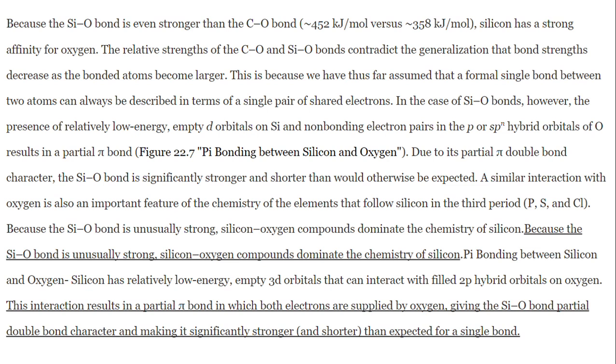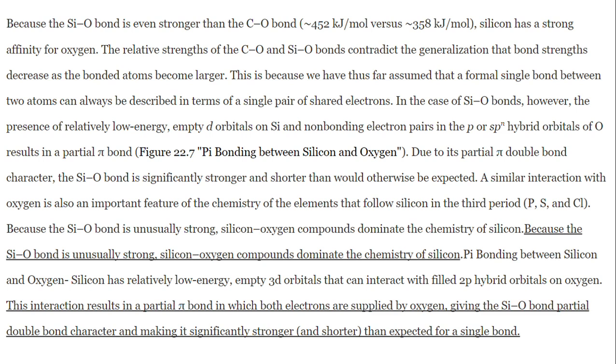In the case of silicon-oxygen bonds, however, the presence of relatively low energy empty d orbitals on silicon and non-bonding electron pairs in the p or sp hybrid orbitals of oxygen results in a partial pi bond. This we can see due to its partial pi double bond character. The silicon-oxygen bond is significantly stronger and shorter than would otherwise be expected. So this is the very important reason.